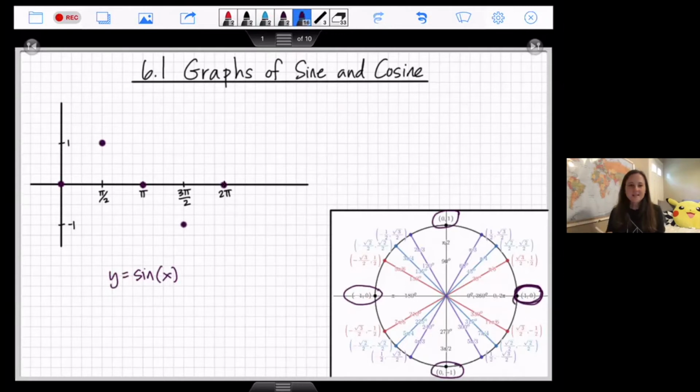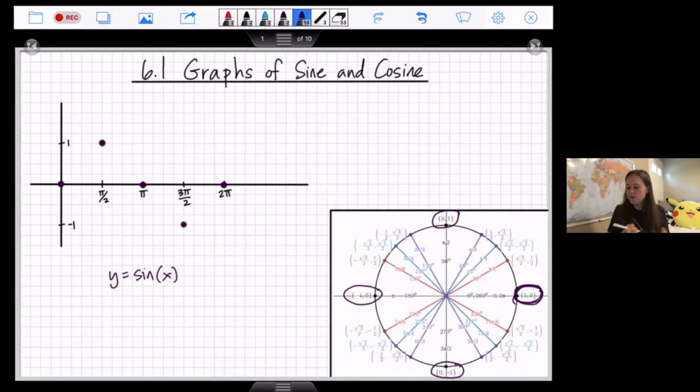A lot of times this is as far as we plot, because as I keep traveling around the unit circle again and again, I can go to 2 pi, 4 pi, 6 pi, even negative 2 pi, and I'm going to get the same pattern repeated over and over again.